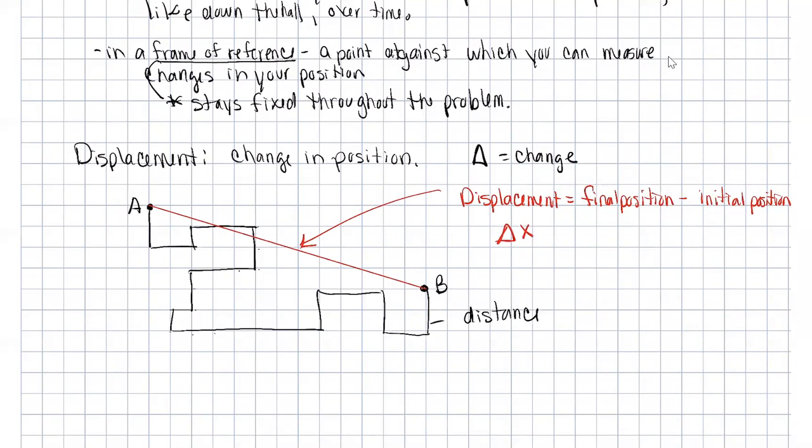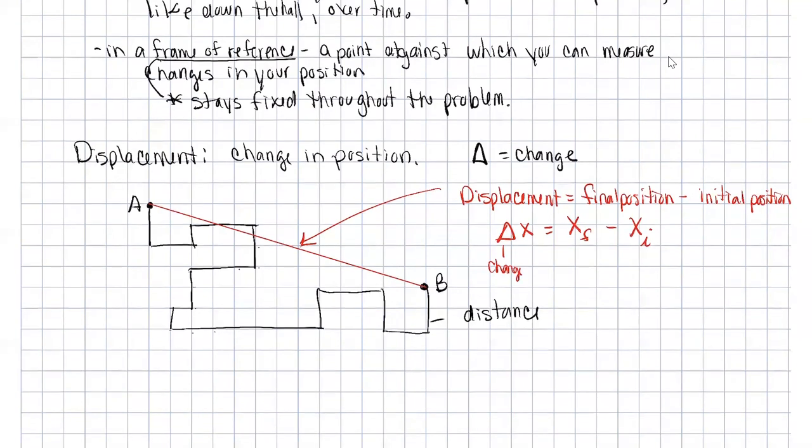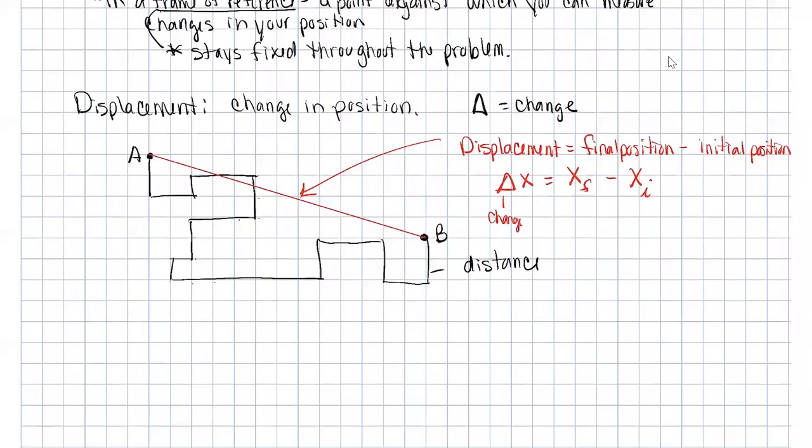We'll represent that. Remember, delta being the change. And that's going to equal, we'll represent final position with xf minus initial position of xi. Okay? You can see clearly here that displacement might not equal distance.